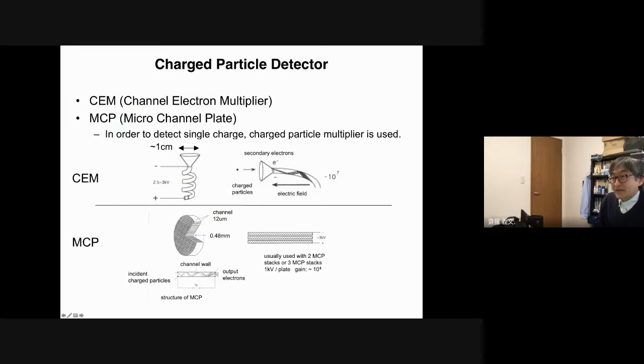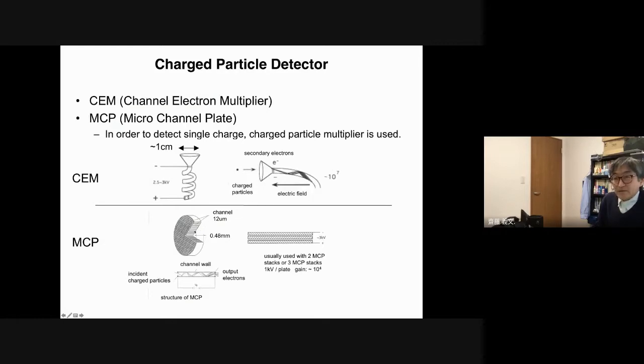Repeating this collision, the incident electrons are multiplied to about 10 to the 7th. 10 to the 7th electrons means 1.6 times 10 to the minus 12 coulomb. So we can detect those electrons using an electronic circuit.